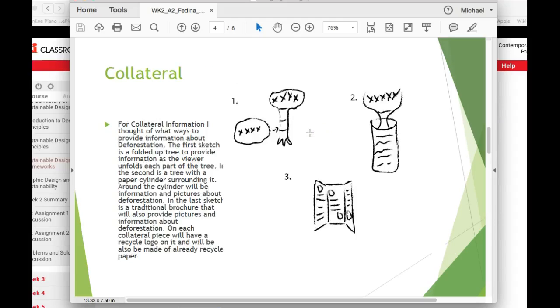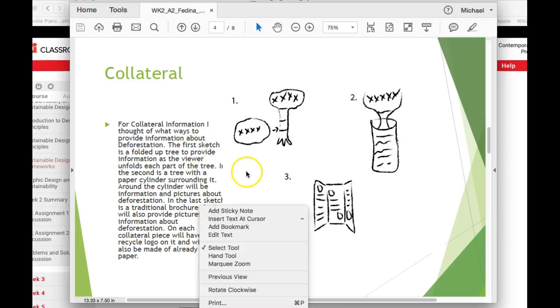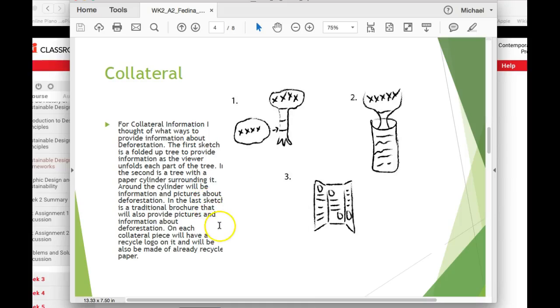Collateral, the same thing. My idea here, each collateral piece will have a recycled logo on it and will also be made of already recycled paper. Again, recycled paper doesn't mean anything to us at this point. Recycled materials doesn't mean anything.